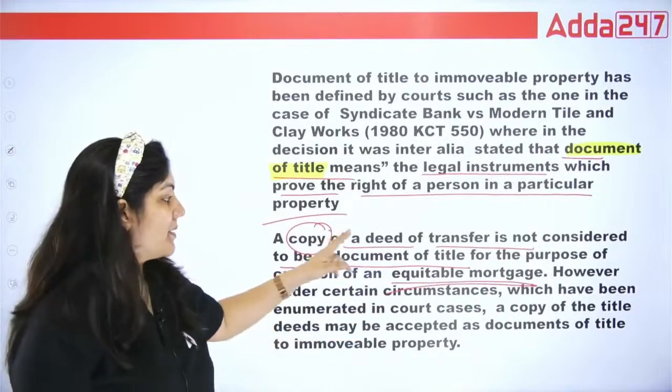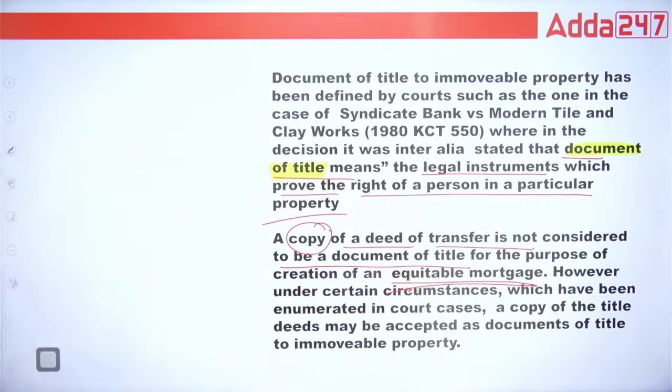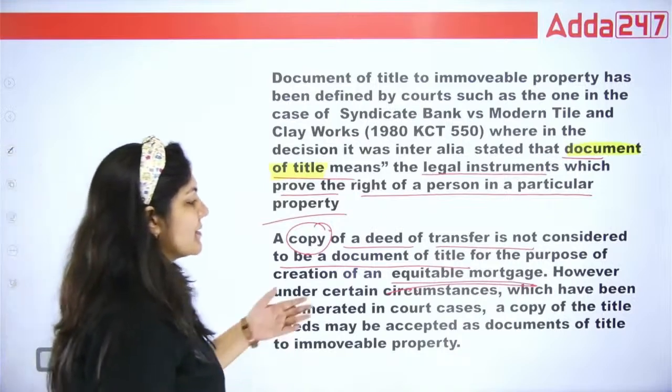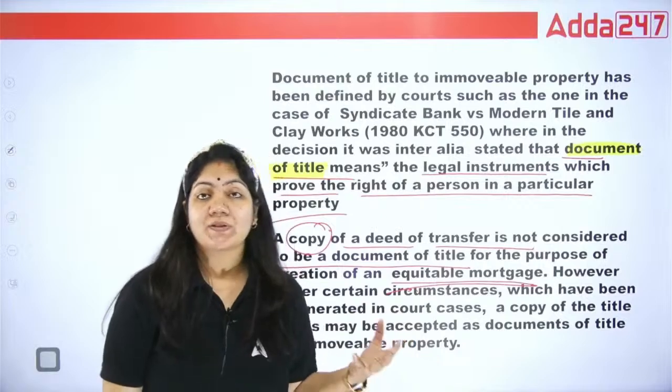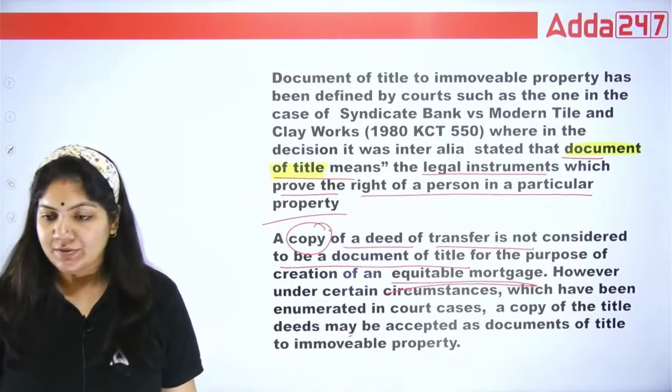So that's why the copy is not required in the equitable mortgage. However, under certain circumstances enumerated in the court case, the copy of the title deed may be accepted as a document of title. So there are certain circumstances in which the original is not found, and we can give the copy. So this is important. Okay.